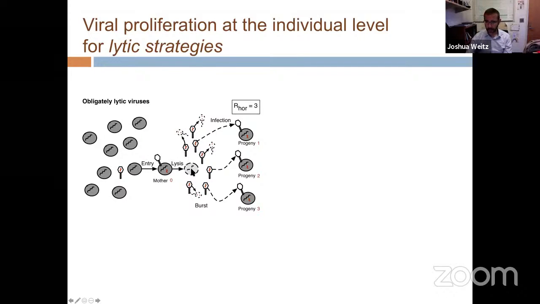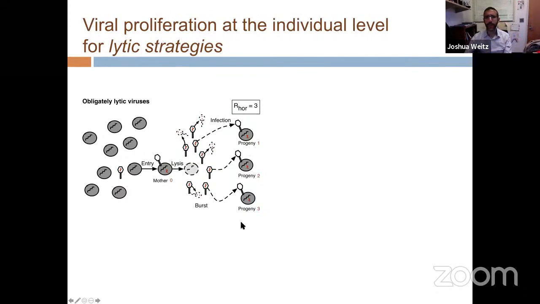It lyses, leading potentially to hundreds of virus particles, but I will claim that this is not the fitness that we should talk about. Many of these virus particles, maybe most, are defective and never find a host.